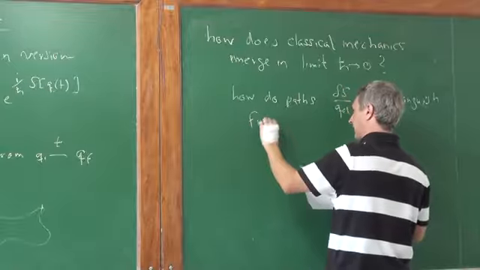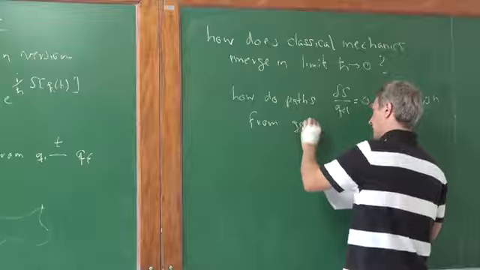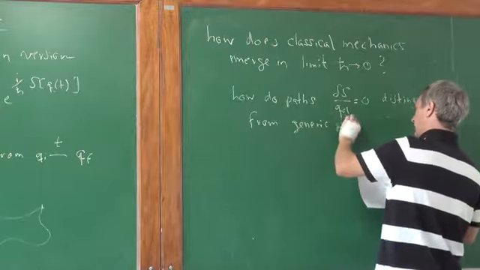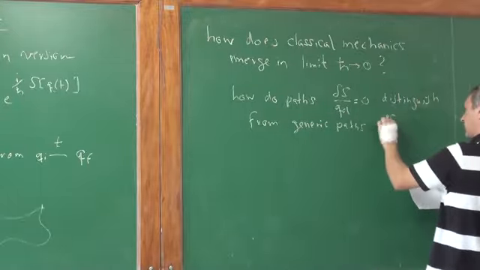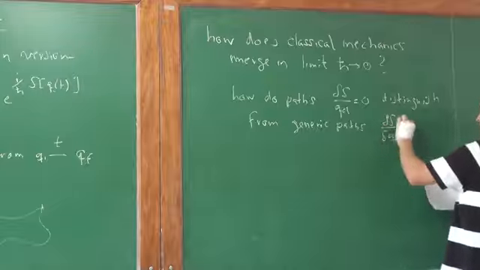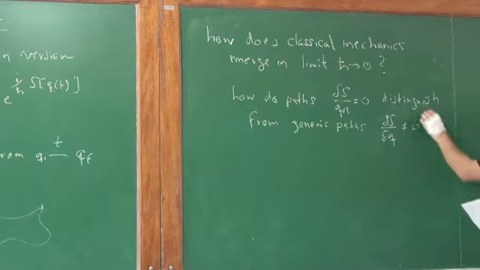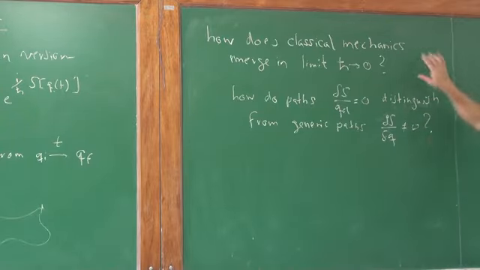A classical path extremizes the action, while a generic path does not extremize it, where the derivative is just not zero. Well, this is the technical version of this question.